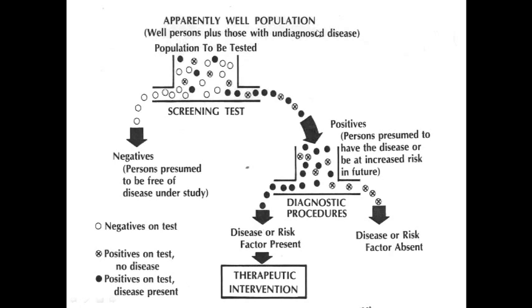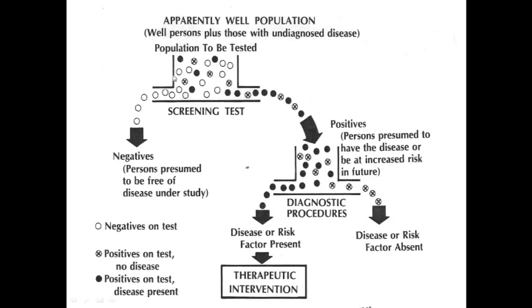So it is possible that people who do not show symptoms of a disease are not necessarily free from the disease. They may be suffering from a disease which has not yet been diagnosed. So this is our apparently well population, which will be screened. We select this population to which we apply our screening test.